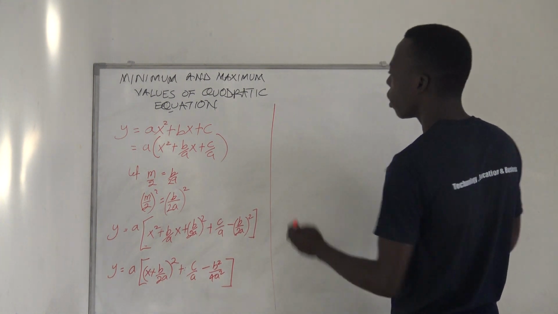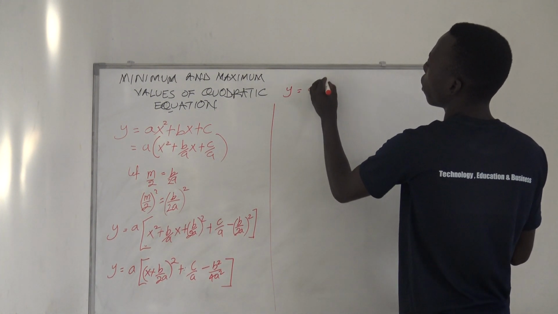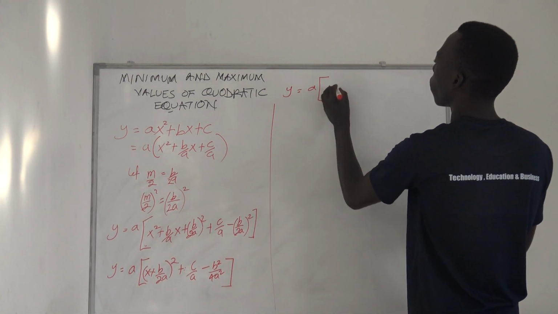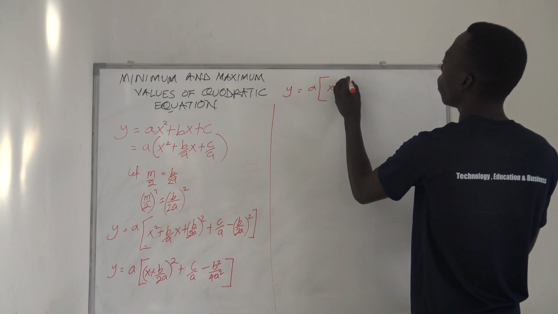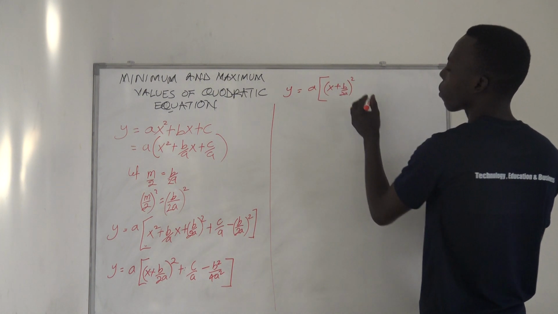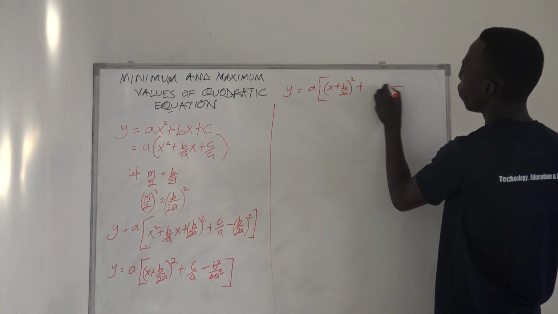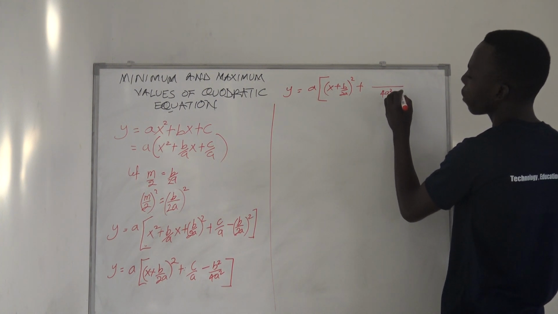So we are continuing that y equals a, then you open the bracket, it becomes x plus b out of 2a, which is squared. So here plus, we get the LCM as we said, which is 4a squared.